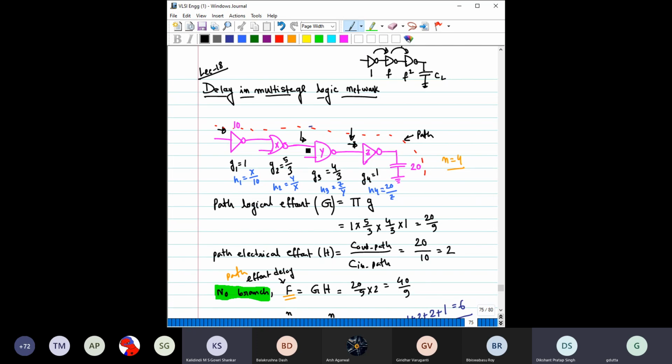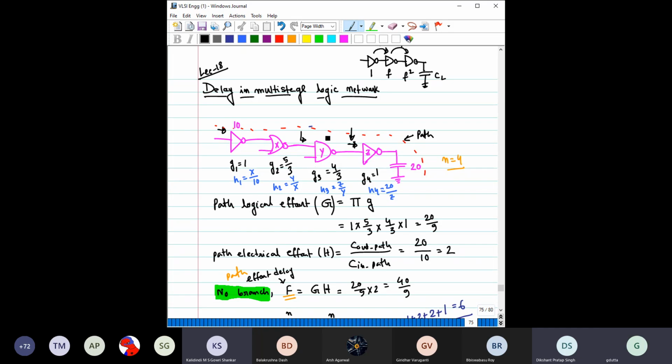Here this is driving only one PMOS and one NMOS, and the size indicates the total capacitance offered by that PMOS and NMOS. So it is not the total capacitance offered by the complete two-input NAND gate.